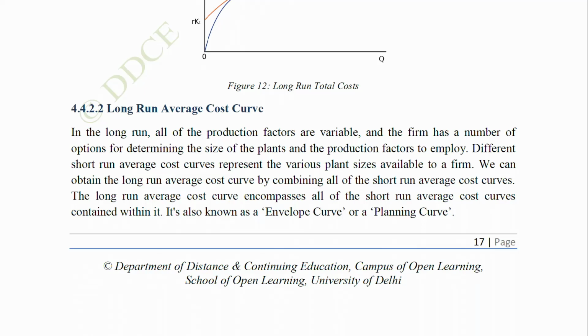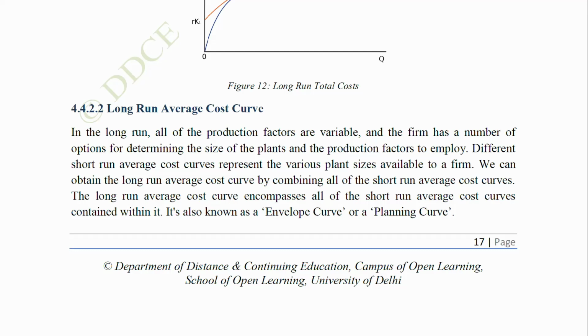4.4.2.2 Long run average cost curve. In the long run, all of the production factors are variable, and the firm has a number of options for determining the size of the plants and the production factors to employ. Different short-run average cost curves represent the various plant sizes available to a firm. We can obtain the long-run average cost curve by combining all of the short-run average cost curves.